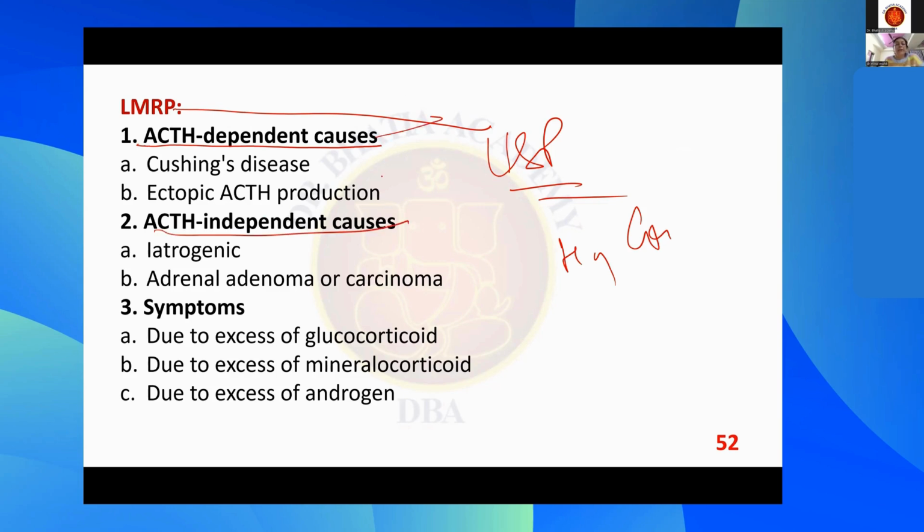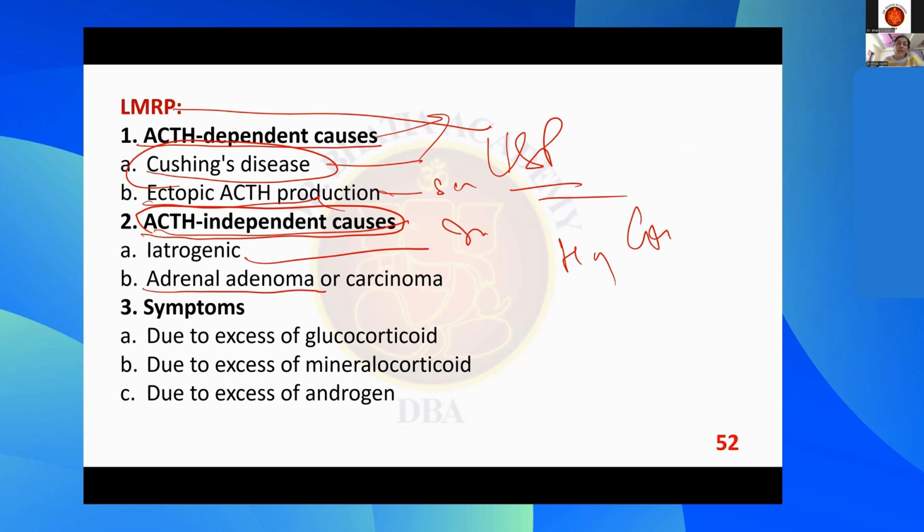If they're ACTH dependent, they are either coming from the pituitary, that is Cushing's disease, or they are ectopic, coming from lung cancer, small cell lung carcinoma. ACTH independent, most common will be iatrogenic, that is drug induced, or they can be coming from the adrenals, that is adrenal adenoma or adrenal carcinoma. Symptoms will be because of excessive glucocorticoid, excessive mineralocorticoid, or excessive androgens.